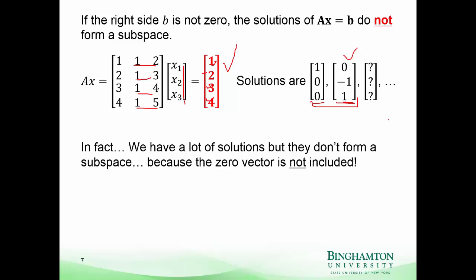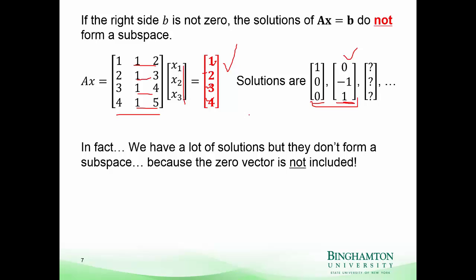In fact, there will be infinitely many solutions for this matrix. Some matrices, as we know, will give unique solutions. In particular, when A is square and invertible, we've seen that. So we've got a lot of solutions here, but they don't form a subspace.